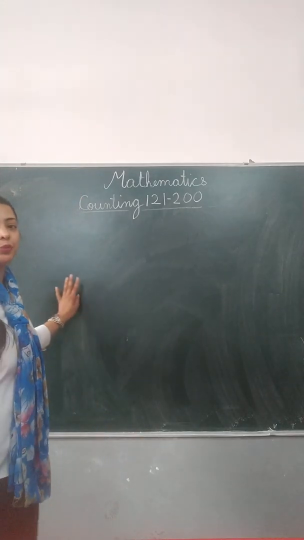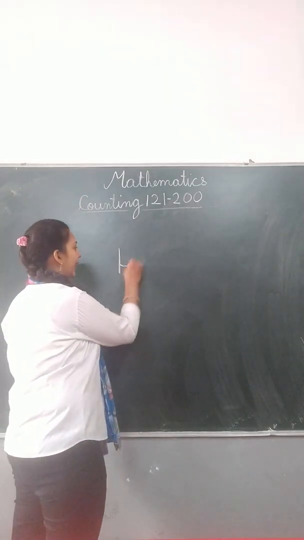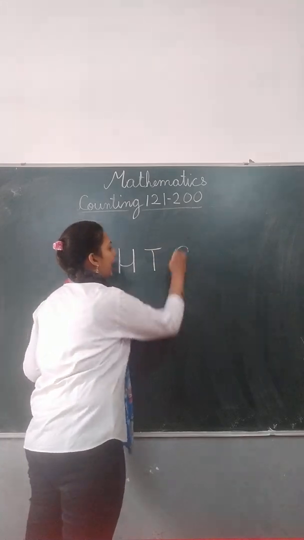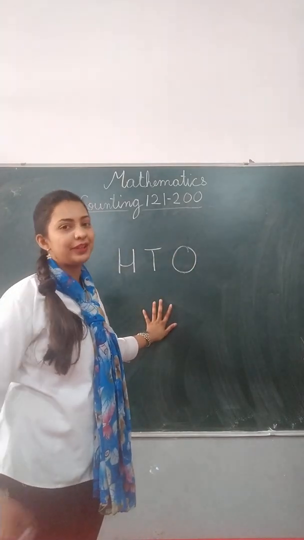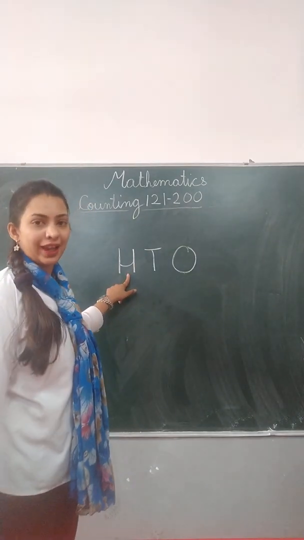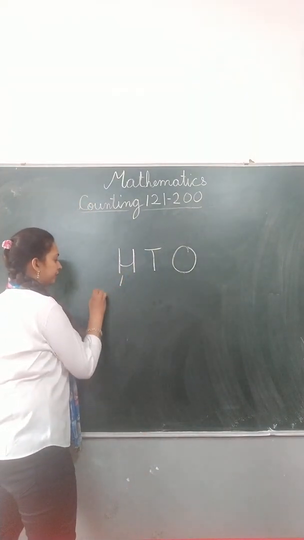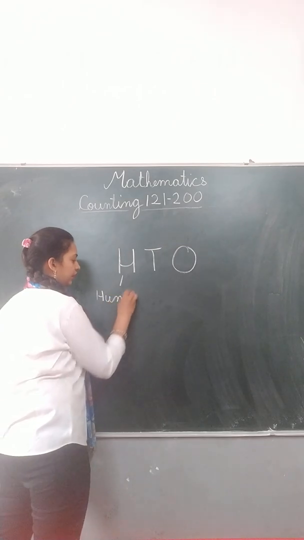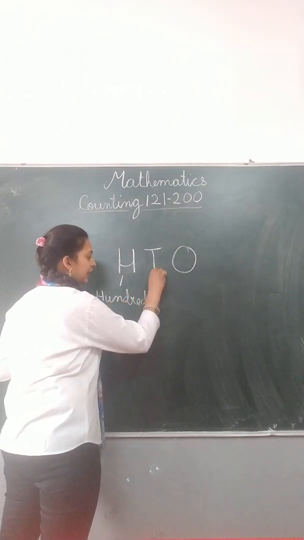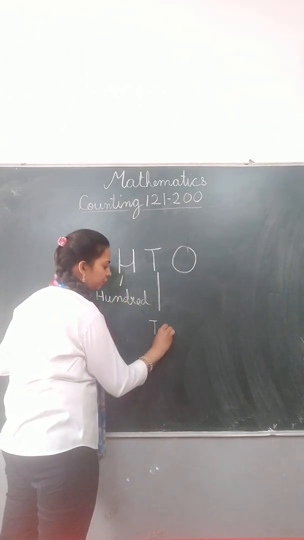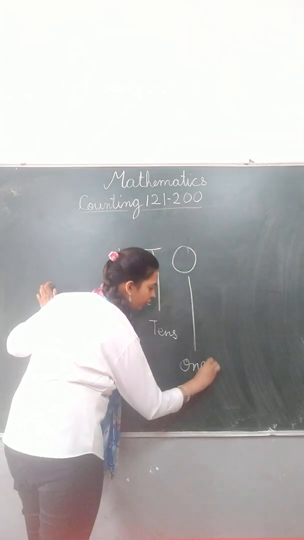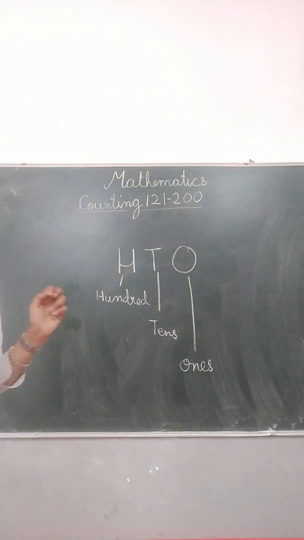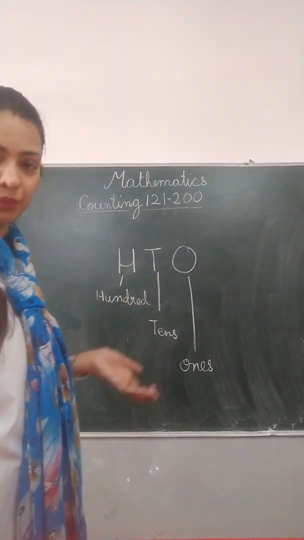In your maths notebook, whenever you are writing H, T and O, these are three short forms of some names. H symbolizes 100, T symbolizes tens and O symbolizes ones. This shows us the place values of numbers.